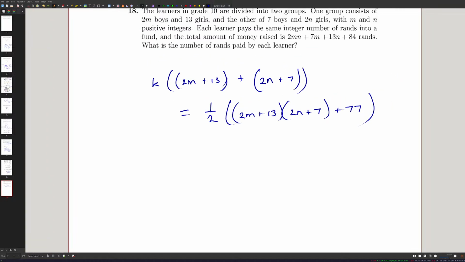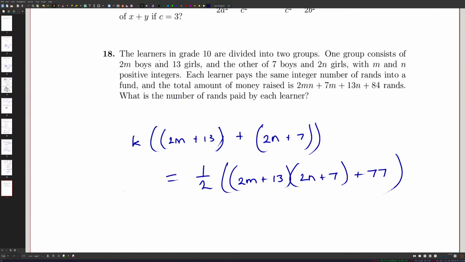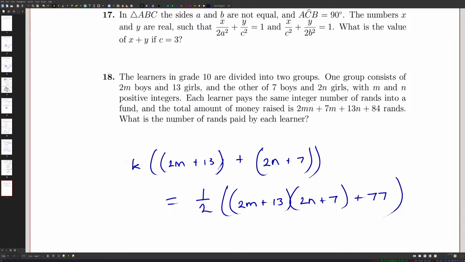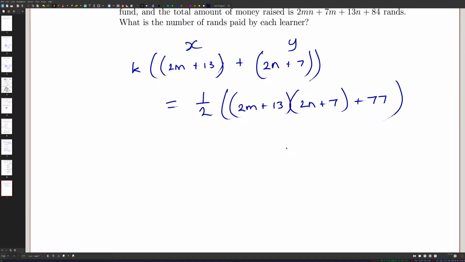Let's call this thing x and this thing y, just because I don't want to keep writing them out. So we've got k times (x plus y) equals a half of (xy plus 77).